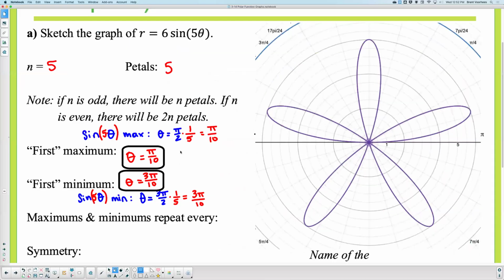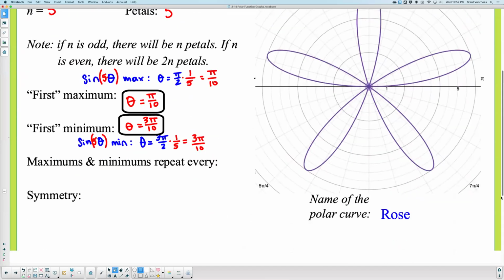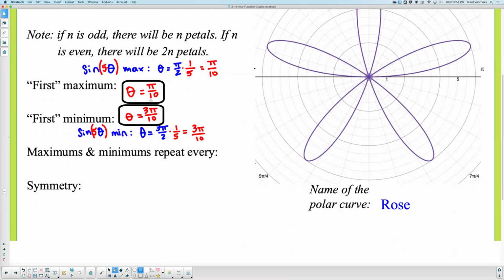Okay, so the maximums and minimums, how often do they repeat? Well, here's what you need to ask. How far apart are these values? What you would do to find out how often they repeat is you would say, well, it's 3 pi over 10 minus pi over 10. And what do you get? Not 3. 2 pi over 10.